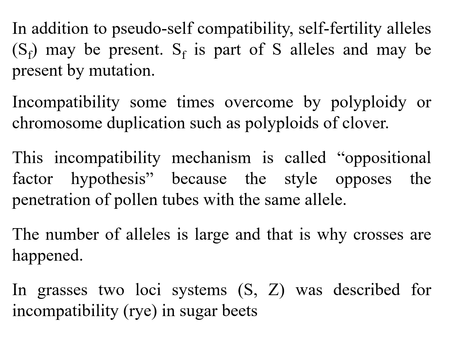In this case, if the SF is found in the stylar tissue, it can penetrate and allow the same allele to come, so we will produce homozygous plants.